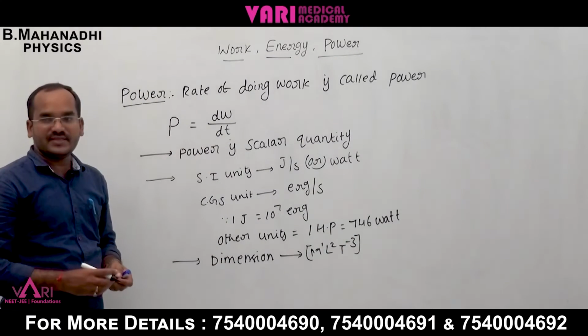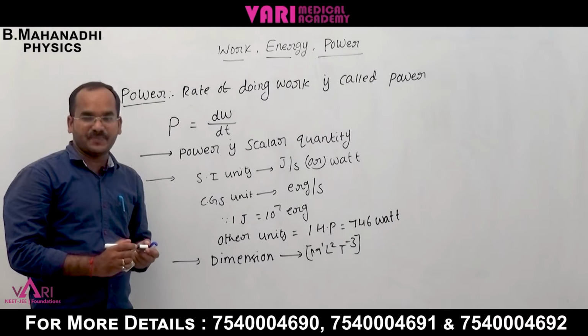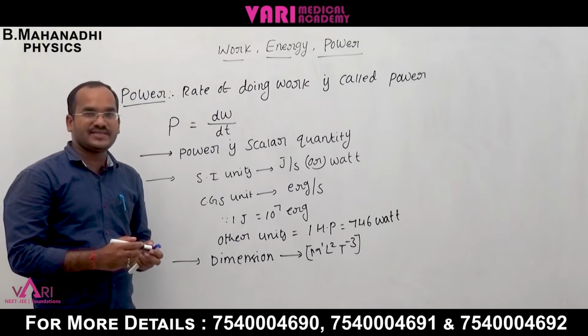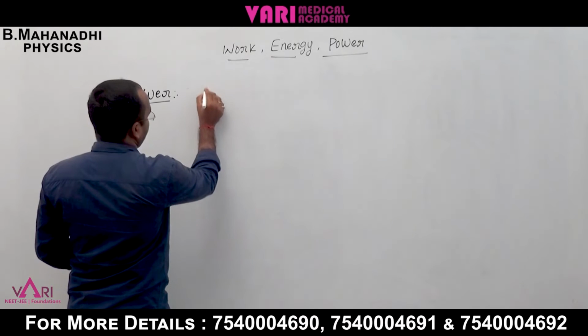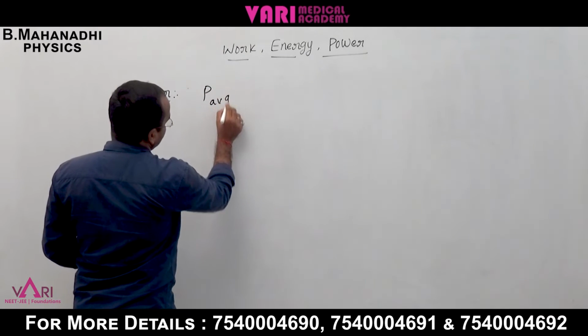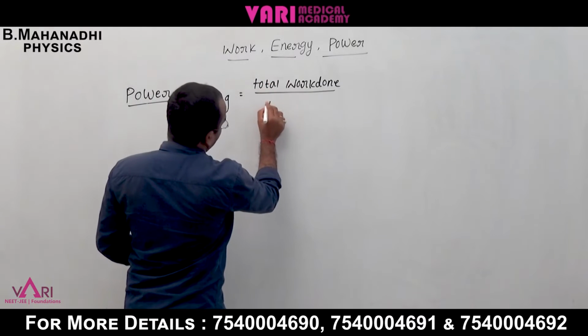Now, how do we represent the average power, and how can we find the instantaneous power? Average power, P average, is equal to total work done divided by total time.